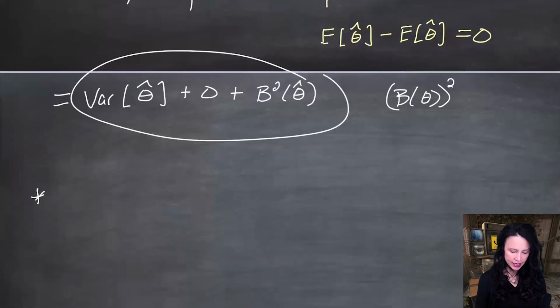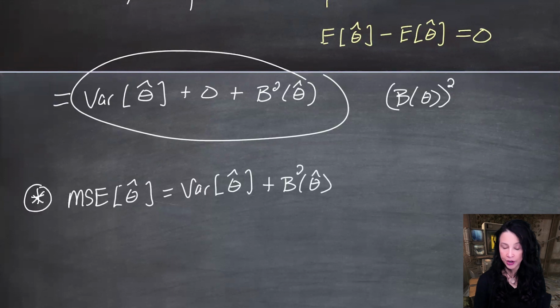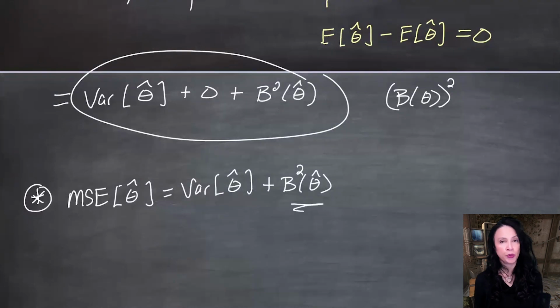So here it is, the formula in the box. The mean squared error of an estimator theta hat for theta is the variance for the estimator plus the bias for the estimator squared. And if you have an unbiased estimator, this bias will be 0.